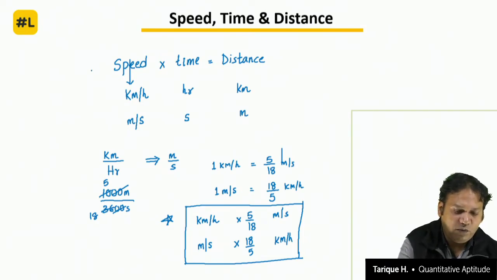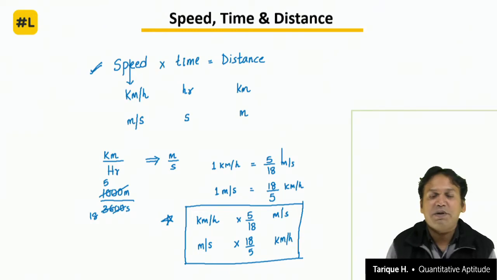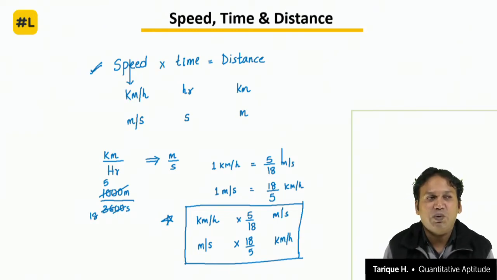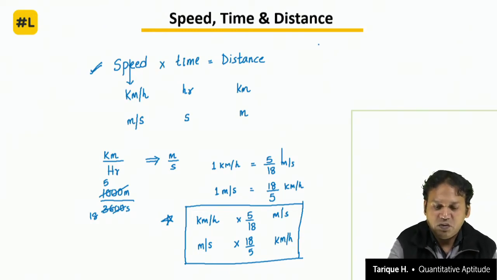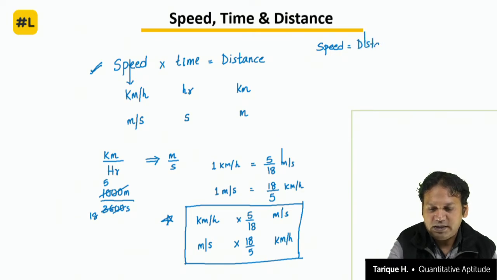One is the formula of speed, time and distance. Speed into time is equal to distance. So we can say speed is equal to distance by time, and time is equal to distance by speed.